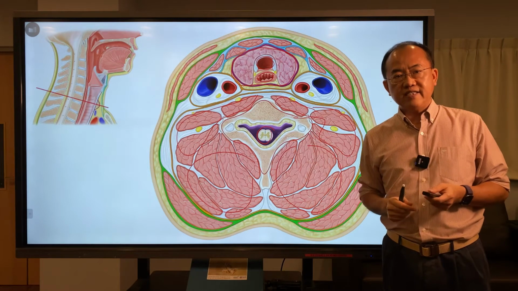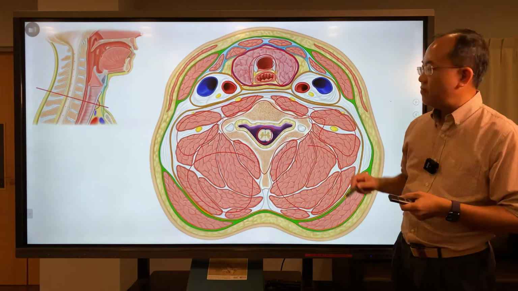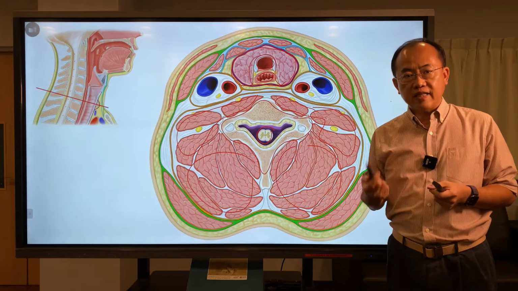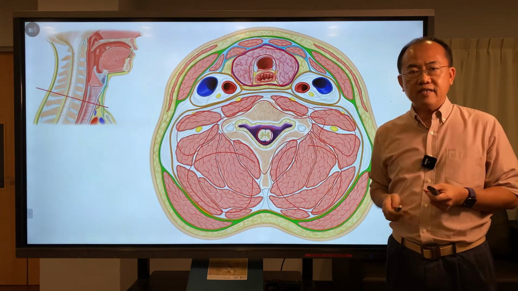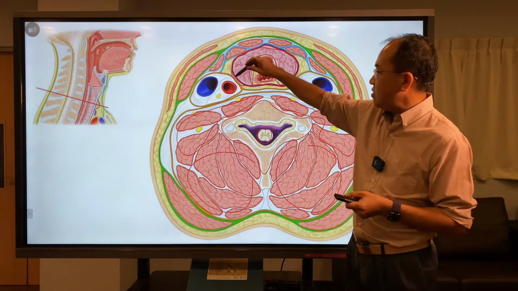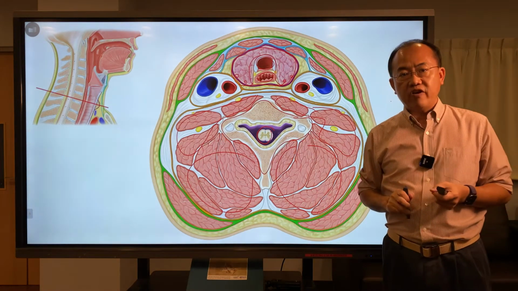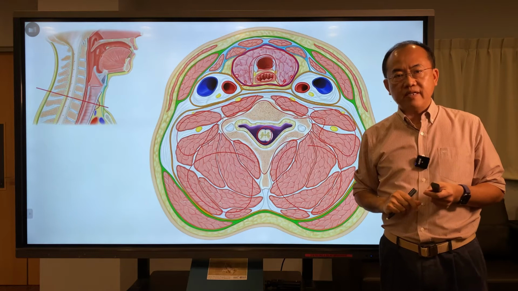That will be the digestive system. Right, surrounding the two tubes, there's a very important endocrine organ known as the thyroid gland. You have learned that in semester 1 when you did the endocrine system. And of course, behind that there will be two pairs of parathyroid glands. These are very, very important glands.